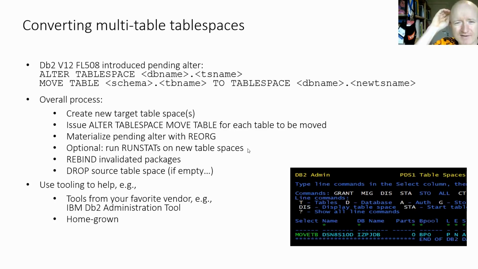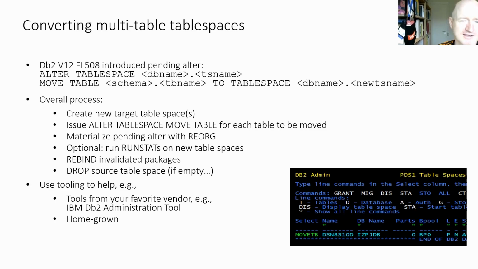So function level 508 introduced the pending alter, where you can do an ALTER TABLESPACE MOVE TABLE to table space. It allows you to move the tables. So overall, the process is you have to create the new target table spaces first. Then you issue the alter for each of the tables you want to move.